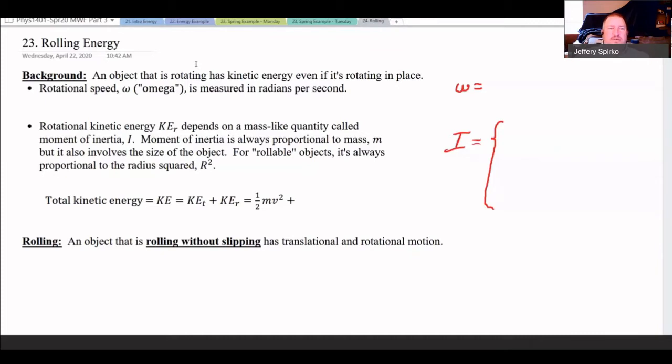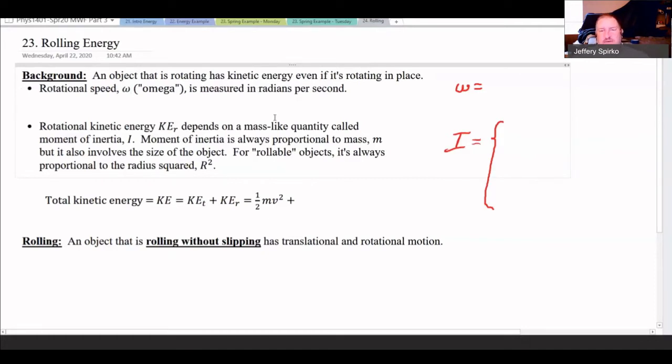So in order to get a way to calculate that, we need to think about rotation very briefly. And the way we measure rotation in physics is with this quantity, rotational speed. It's symbolized by the Greek lowercase letter omega, which looks like a curly W. And this omega, in order for our equations to work out right, should be measured in radians per second.